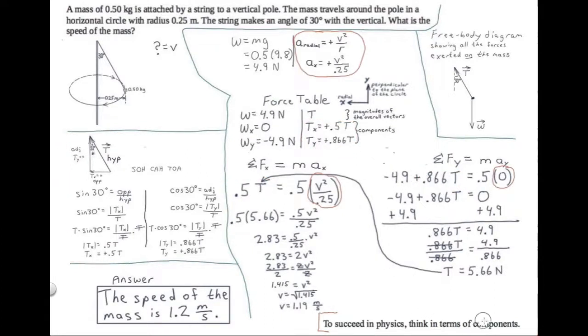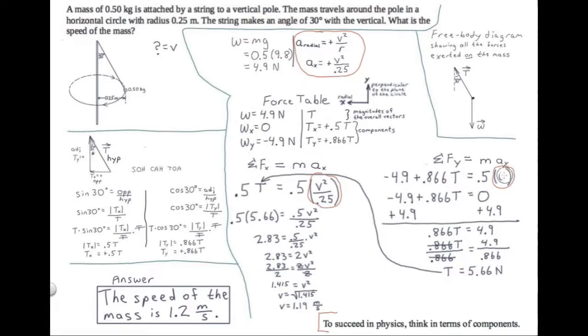Here's another example of thinking in terms of components. Notice how differently we treated a sub x and a sub y. On this problem, x was our radial component. So for a sub x, we used this formula for the radial component of the acceleration. Of course, this formula did not apply on this problem to a sub y.